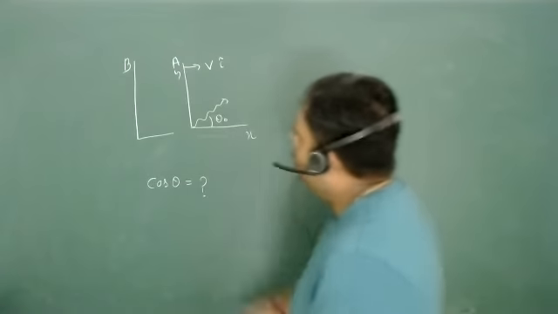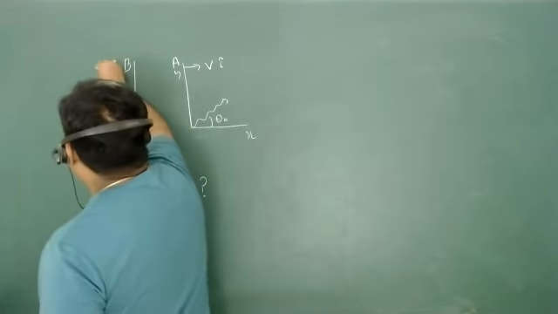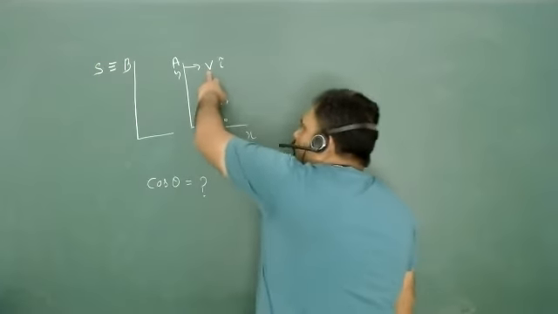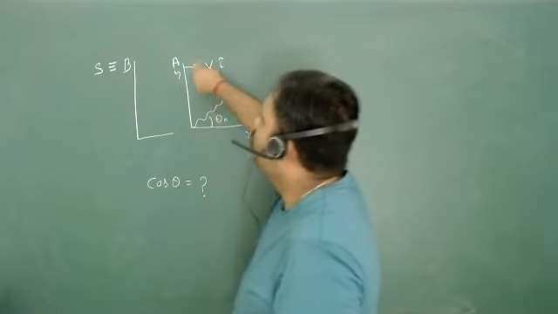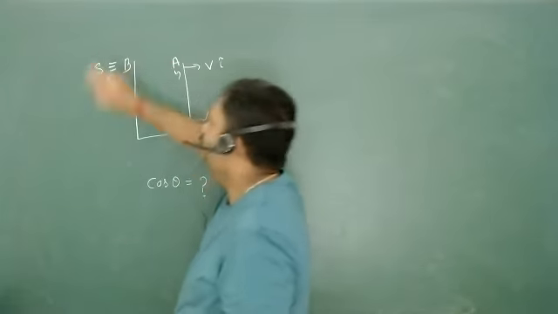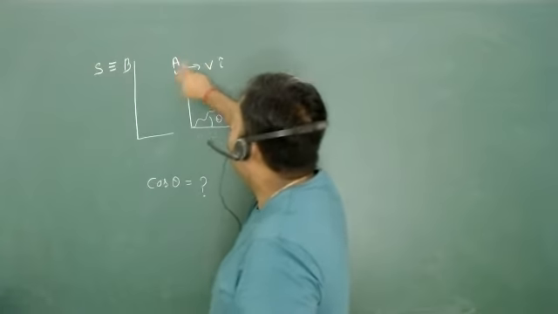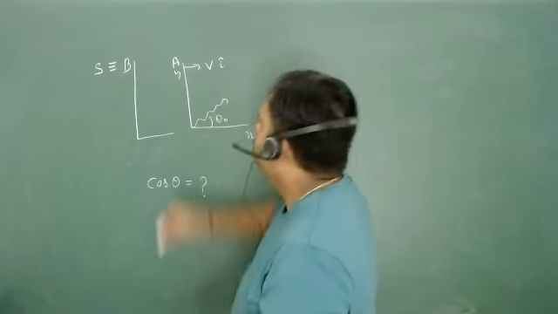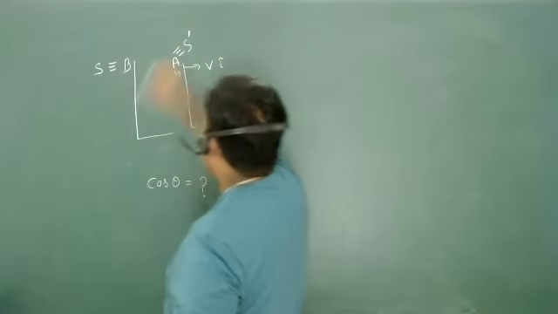So obviously we have to assume that this is my S frame. What is V? If I want to define V, then I can say V is nothing but the velocity of A with respect to B. So V is nothing but the velocity of A with respect to the S frame. So I can assume this A is something like S dash.